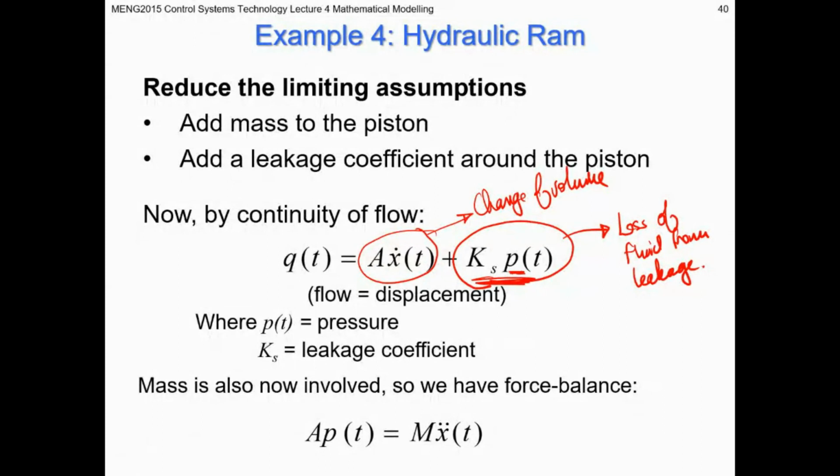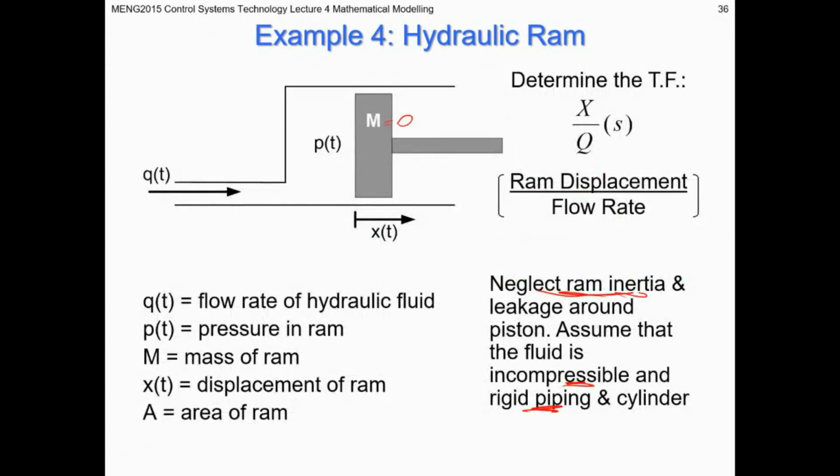So we've also got a force balance taking place here, which is the balance between the force acting on the piston due to the pressure in the cylinder, and the balancing element, which is the acceleration of this mass, x double dot t times m, by Newton's second law. Mass times acceleration, or force equals mass times acceleration.